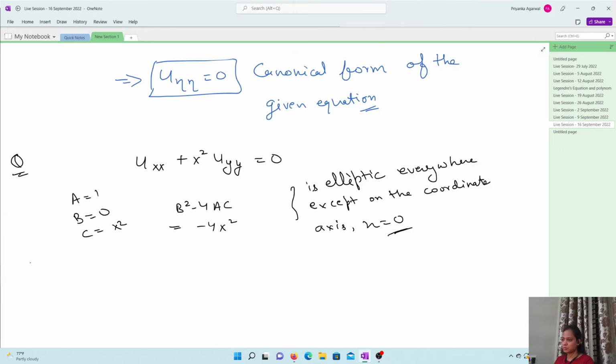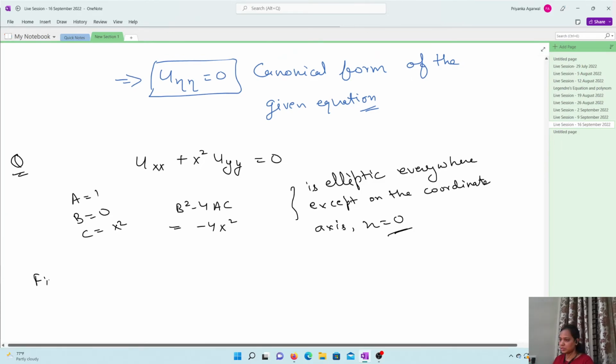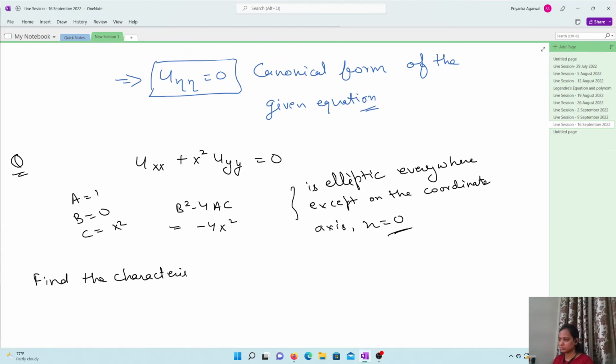So we have to find the characteristic variable and hence write it in the canonical form.